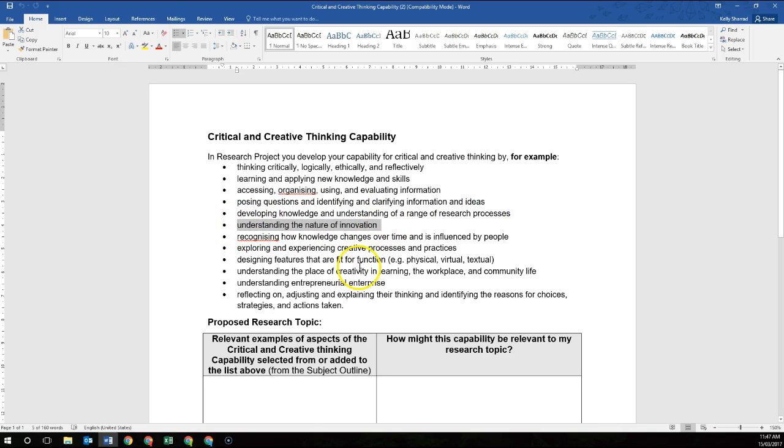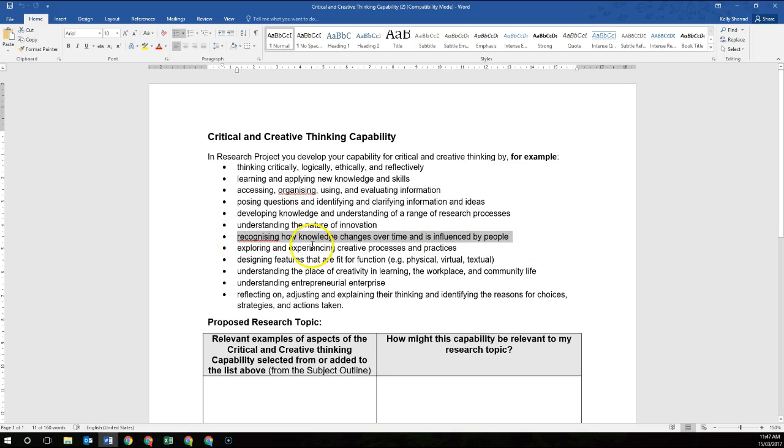Looking at the understanding the nature of innovation. This one here is again about being creative and it's about understanding that information changes and develops over time. So if you're looking at the history of something, then you're most likely going to be addressing this.